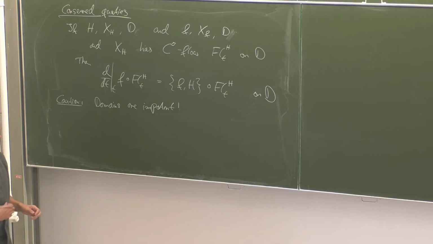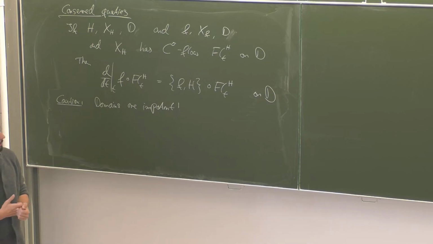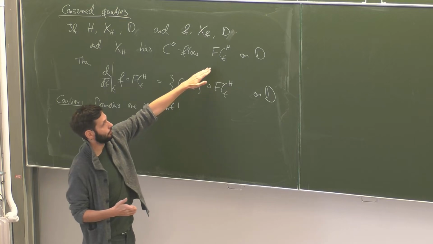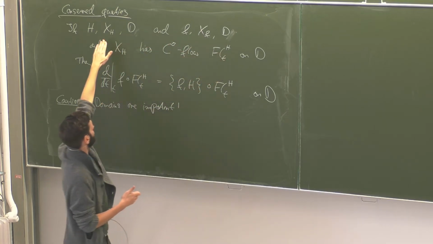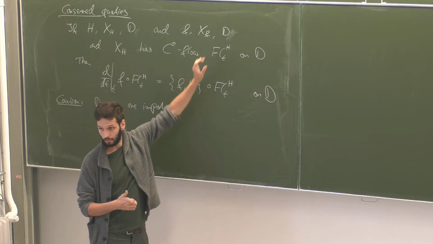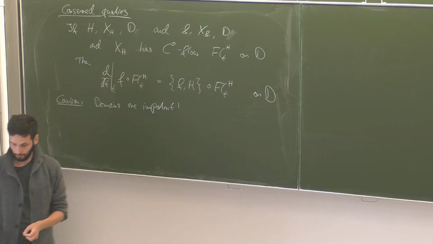Of course, if you have two big D's, you can restrict, and the flow gives you a nice flow on that smaller D, and everything works out, and then you can of course intersect them. But the problem is that you don't want the flow of one of the observables to move the domain of the other one. These need to stay in here.